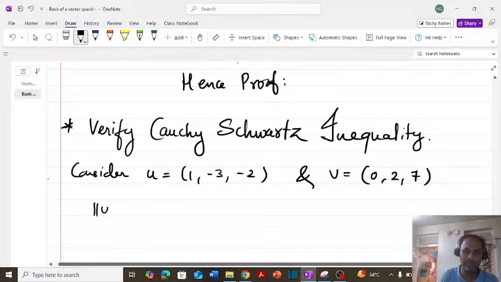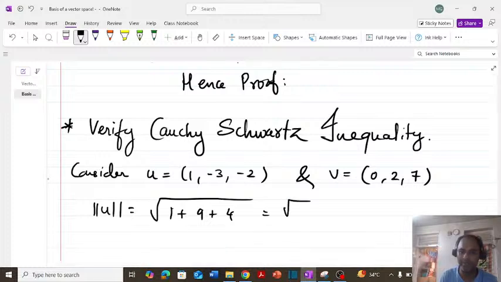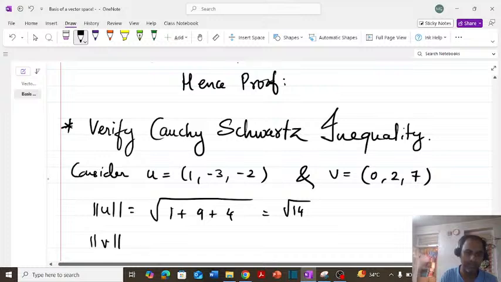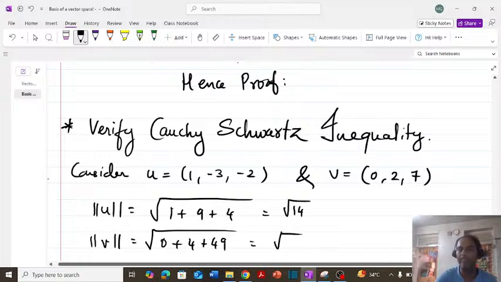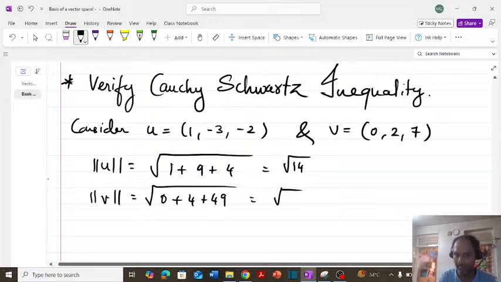What you do is: norm u is the square root of 1 plus 9 plus 4, so that is root 14. Norm v is the square root of 0 plus 4 plus 49, so that is root 53.